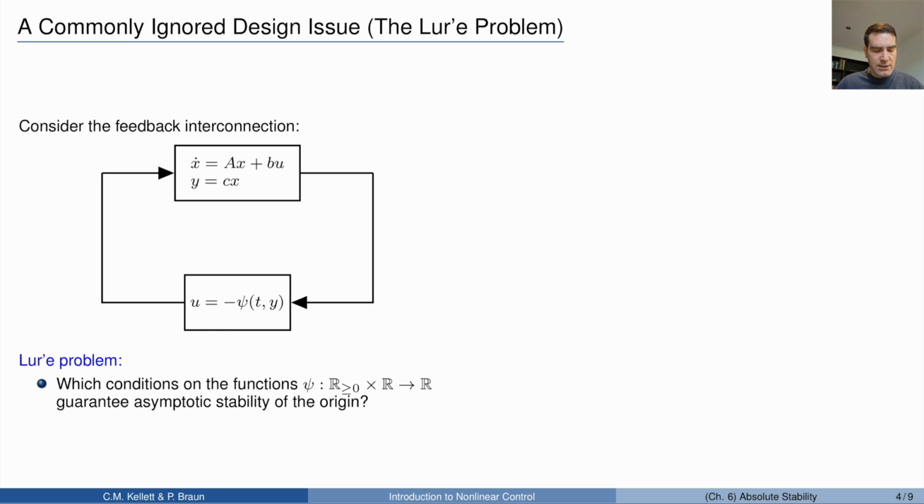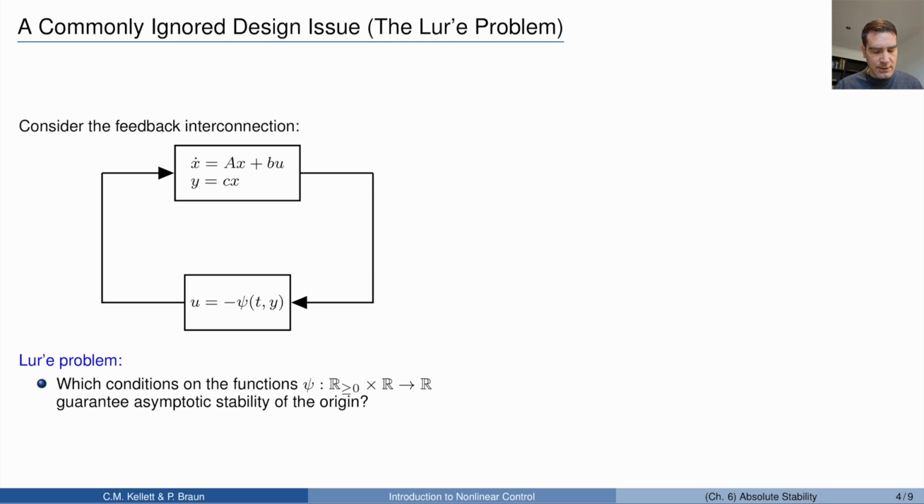Okay, so that's just two examples of what can happen if we have some nonlinearity in our feedback loop.